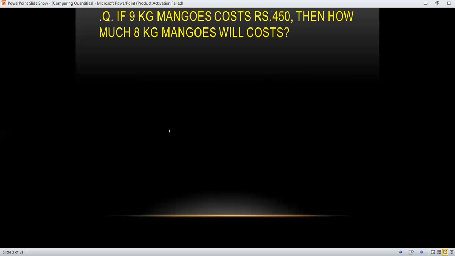If 9 kg mangoes cost 450 rupees, then how much will 8 kg mangoes cost? Here it is given that the price of 9 kg is 450.